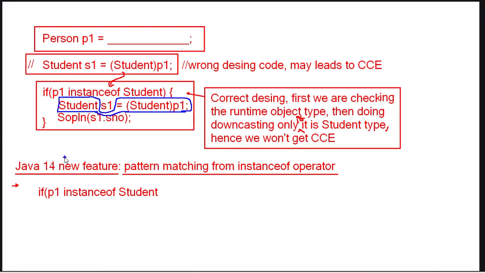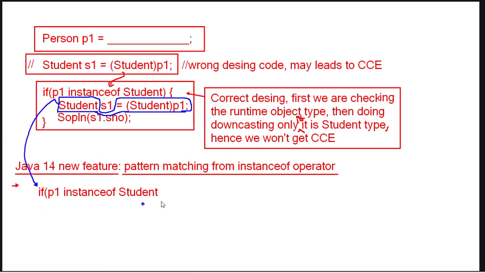Once I confirm the class name student after instanceof, downcasting will be done with this P1 variable, with this class student, stored in student. Then what is changing from one developer to another? Only the variable name. My name is S1, your name is S, another person uses some other name. Hence both are combined as a shortcut like this.